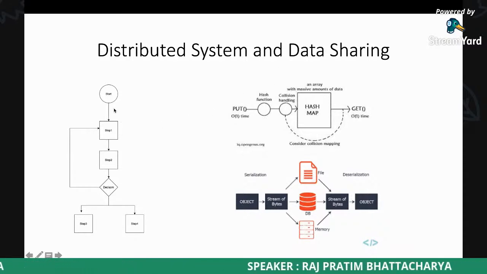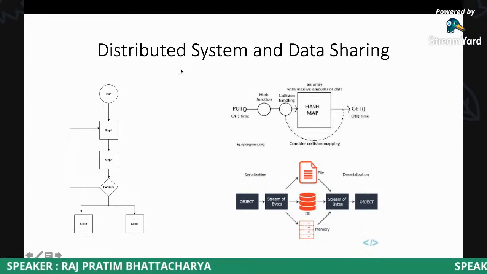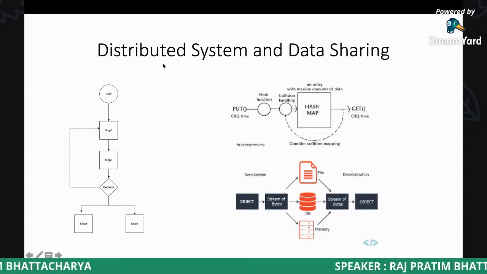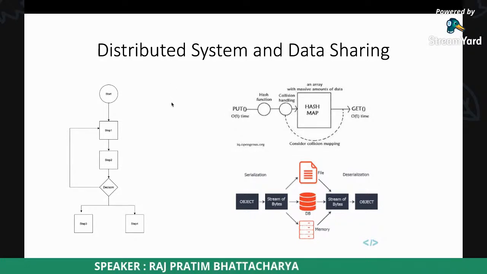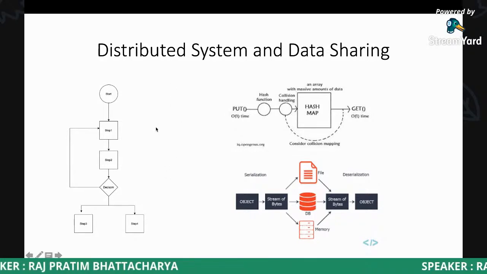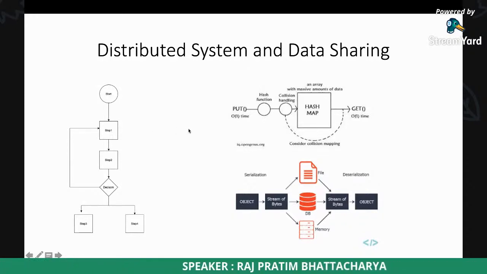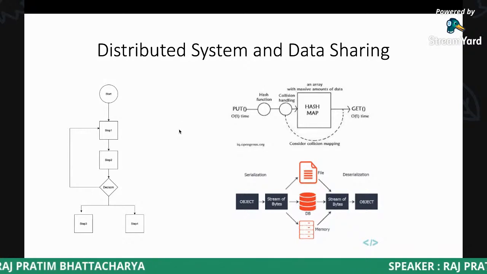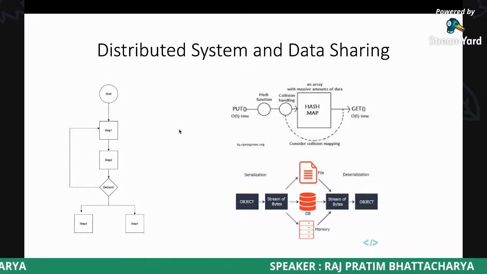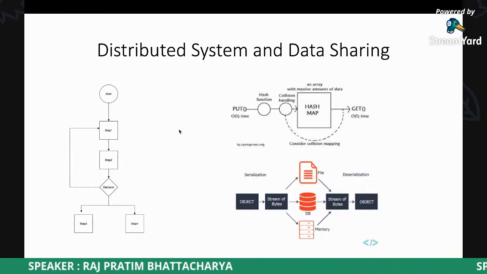Between all those steps we maintain a global class which contains a global map. Each map has key, value pairs. Let's say payment information is a key, and its value could be success or failure. Similarly, in a ticketing system, train ID could be the key, and the value could be 1, 2, 3, 4, something.